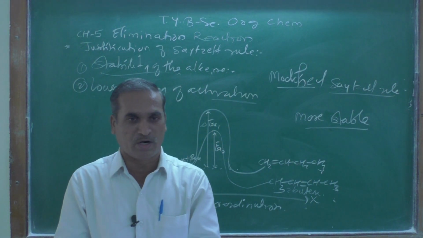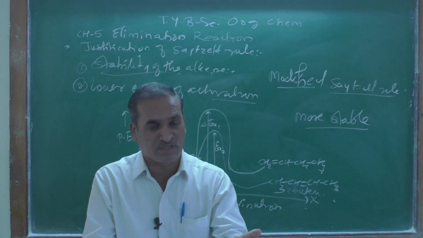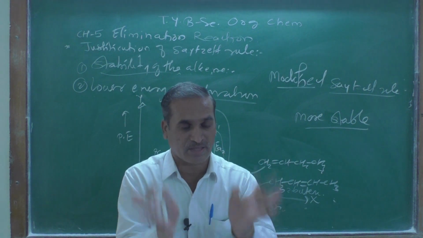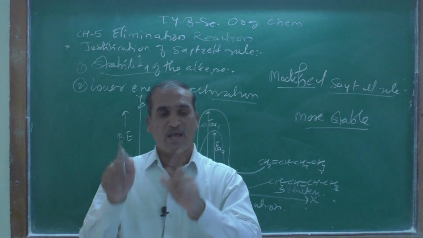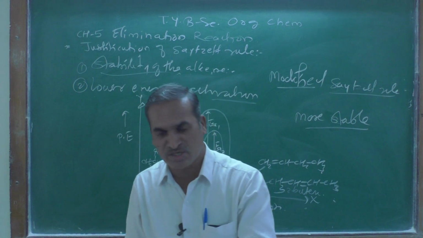Remember these two words. Focus on these two words, and then you can differentiate how the definitions of the CH rule are there. First, the old definition of the CH rule: in an elimination reaction, the more substituted alkene is obtained as a major product.